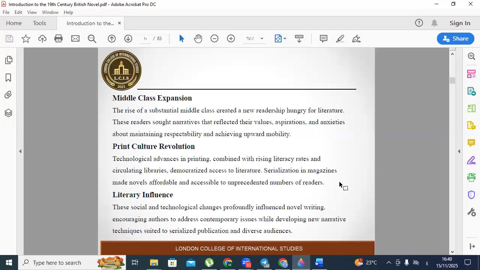Novels became forums for public debate, spaces where social questions could be explored imaginatively.